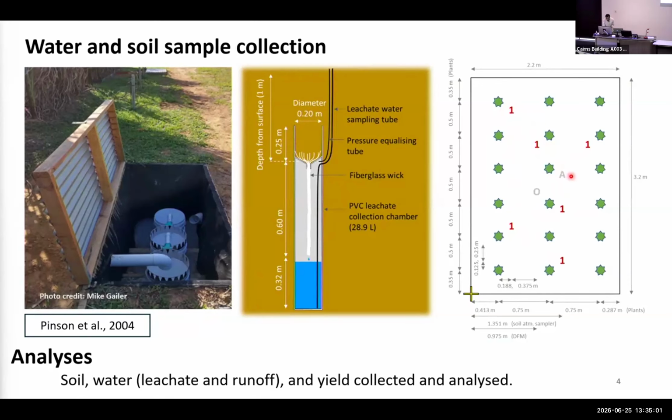We installed this sampler in 12 plots, so 6 in control and 6 with amendment. And this is where we installed the drainage flux meter. We collected the water and soil samples following those procedures, and we analyzed them accordingly.